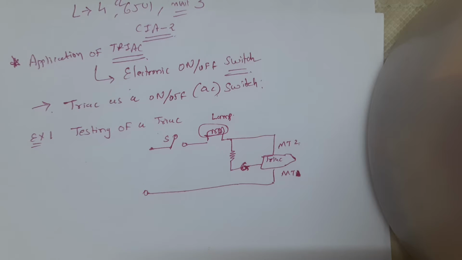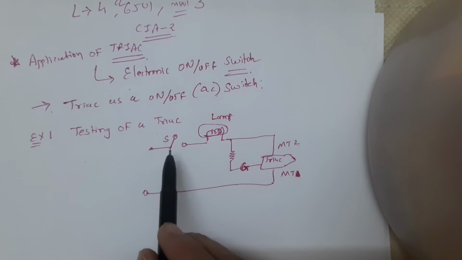This is the first method, to find whether it is good or short circuited. Now the second: touch the resistor R1 momentarily between gate and MT2 terminal. For a good triac, the lamp should light on and continue to stay on. If it does not, then the triac is open circuit.